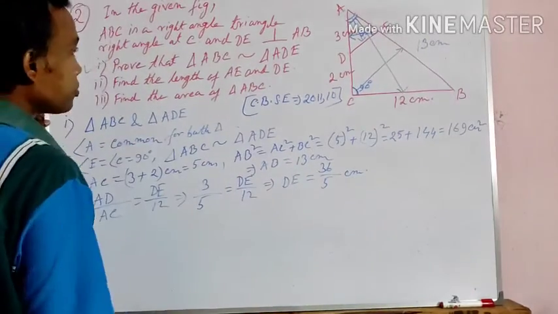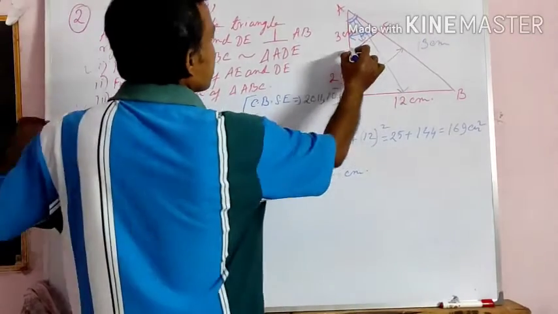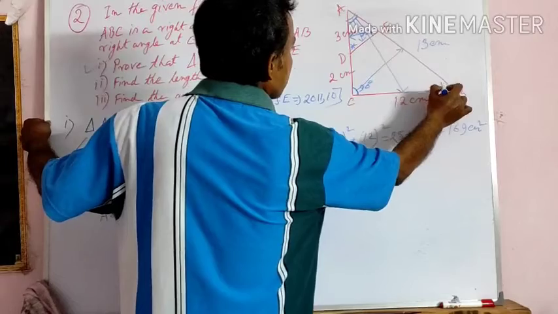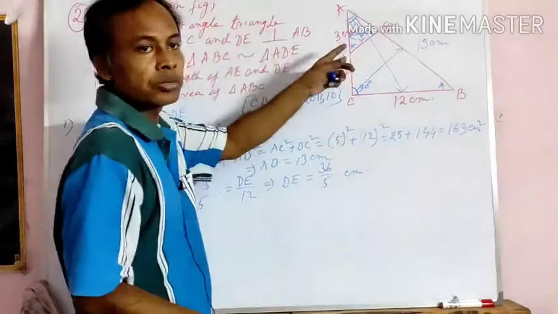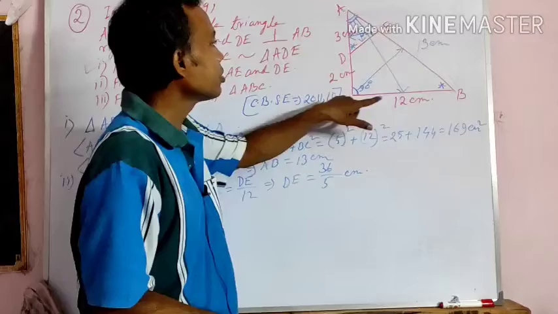Now again, this angle must be equal to this angle, because the two triangles are similar, ADE similar to ACB.